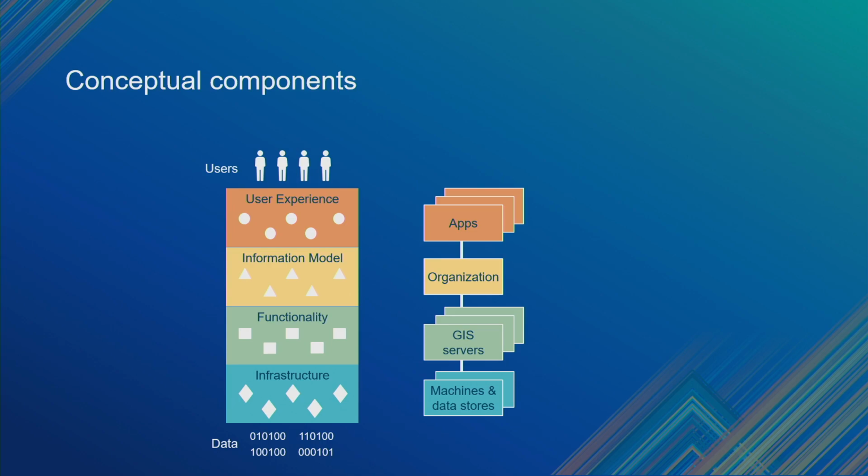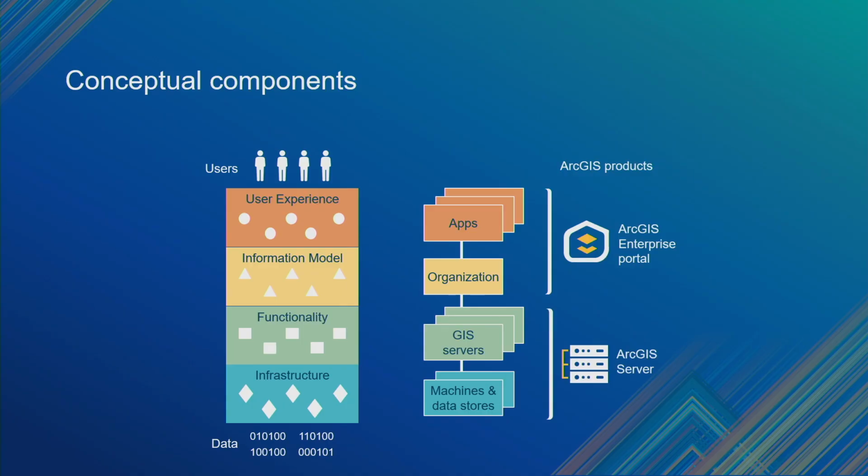When we think about the functionality layer, this refers to the specific features and capabilities of the software. And lastly, the infrastructure layer. This is the underlying technology and systems that support the software. So thinking of physical devices, machines that run the software, as well as your network and security information.